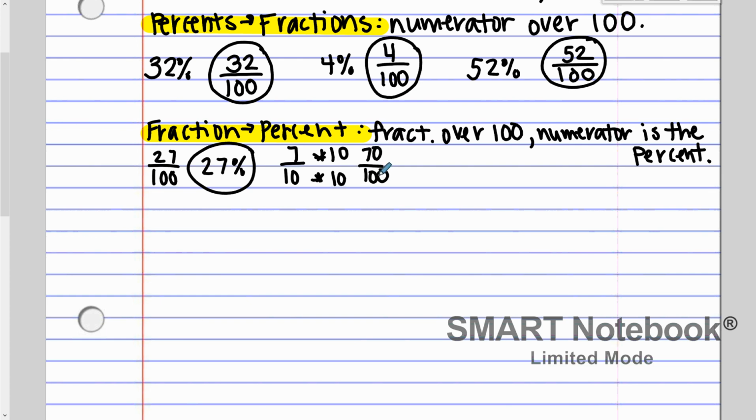Now that we have a fraction over 100, the percent is 70%. This last one I want you to try on your own if you haven't already. 78 over 100. I'll pause and give you some time to write that as a percent. The answer here should be 78%.